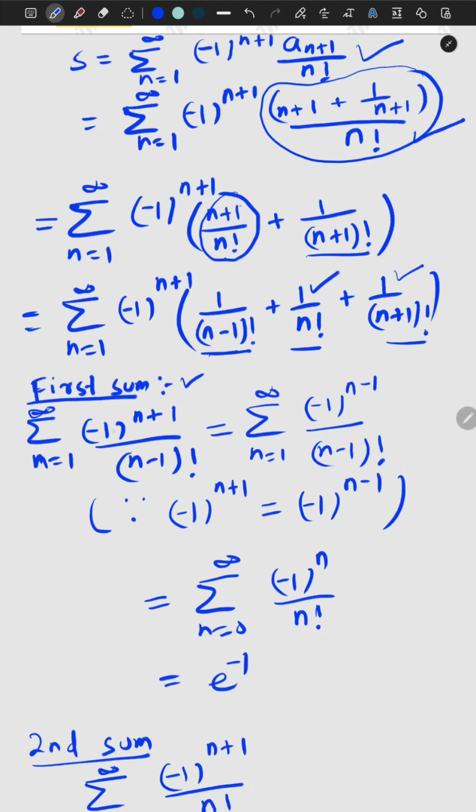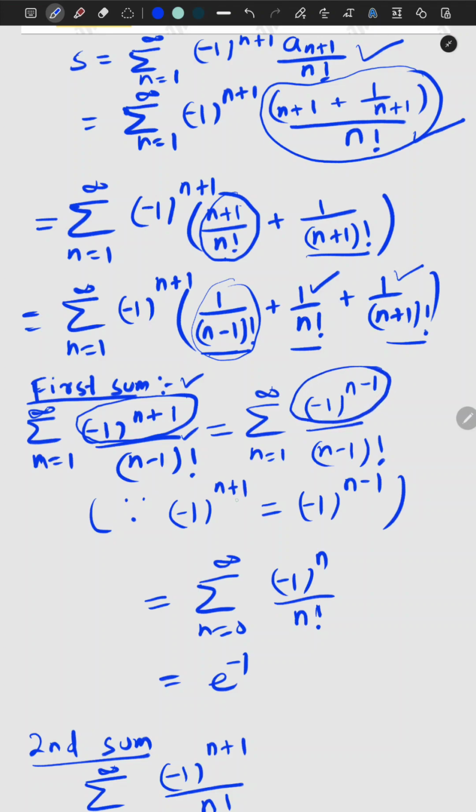The first sum takes the form minus 1 to the power (n plus 1), and this term will come with 1 by (n minus 1) factorial. So this is nothing but summation n from 1 to infinity, minus 1 to the power (n minus 1). You may wonder how minus 1 to the power (n plus 1) is the same as minus 1 to the power (n minus 1); this is an identity.